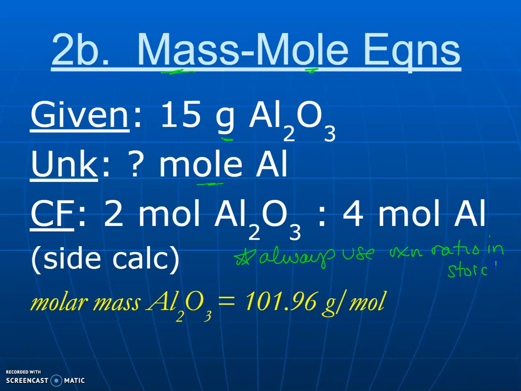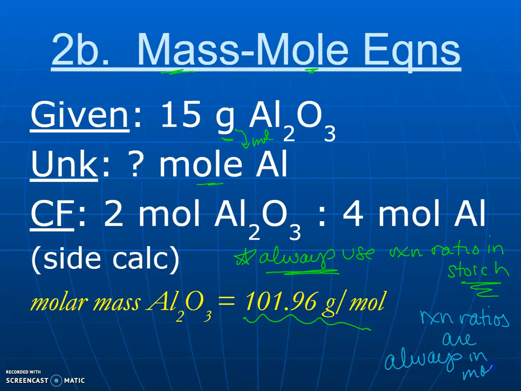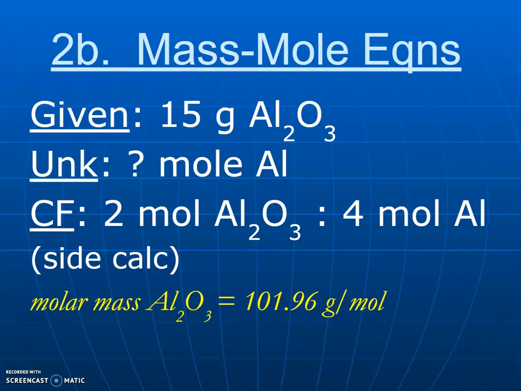It's all based off of the reaction ratios in every single stoichiometry problem. The problem you need to look out for here is using the molar mass to change these grams into moles before you use the reaction ratio, because don't forget, reaction ratios are also always in moles.